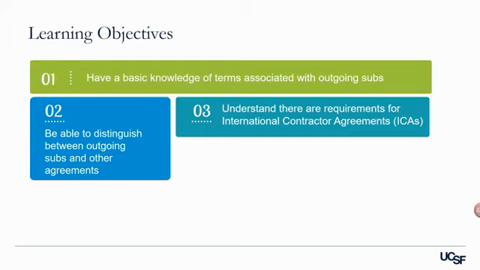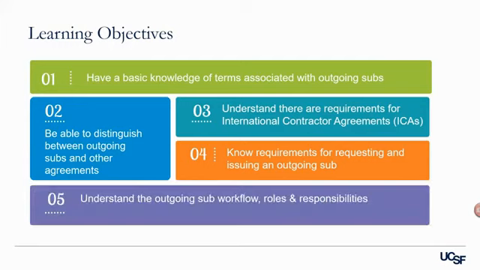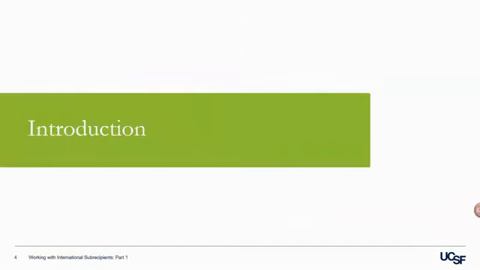We will get to that in more detail in day two, in part two on August 22nd, but we're going to introduce it a little bit today. And that you'll know the requirements for requesting and issuing an outgoing sub, when you're ready to request that an outgoing sub get issued, what is required at that stage. And that you'll understand the outgoing sub workflow roles and responsibilities. That's the goal of this afternoon session as well.